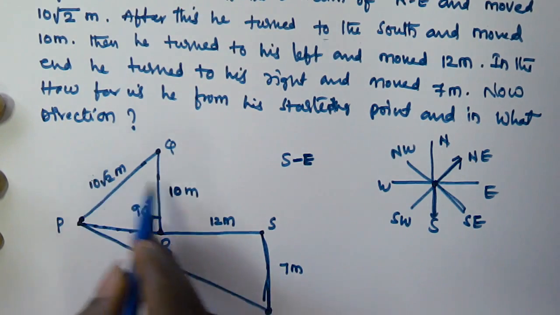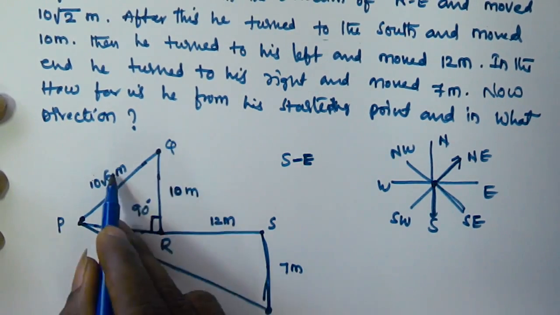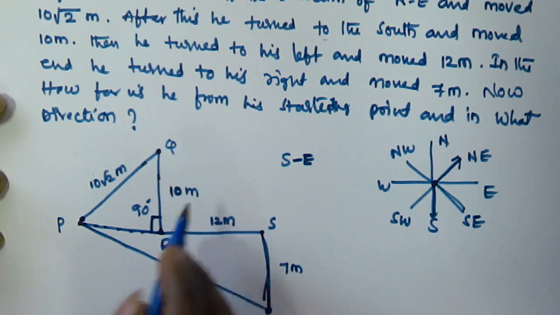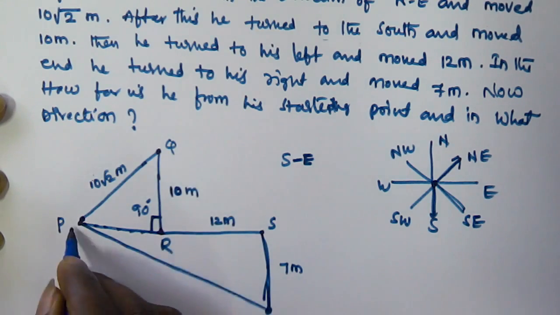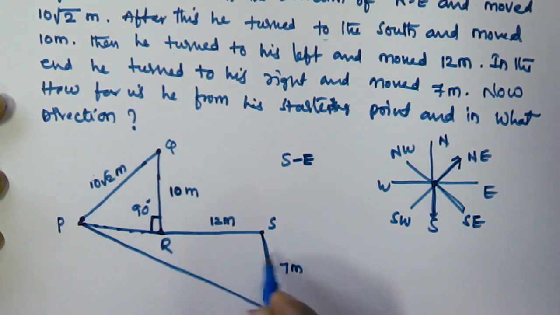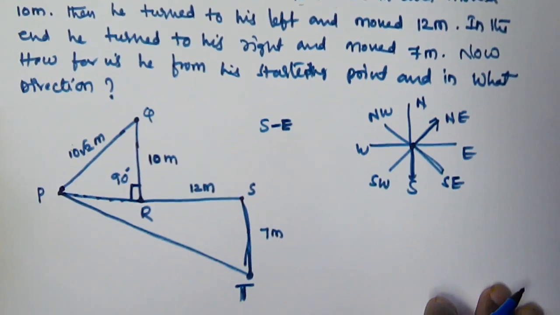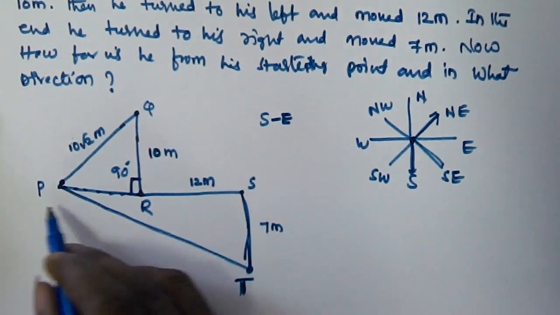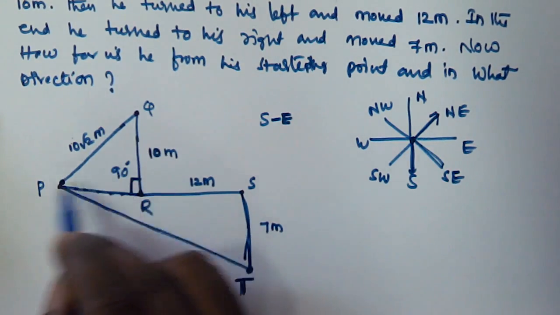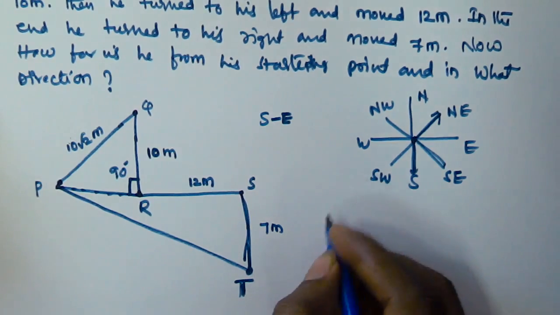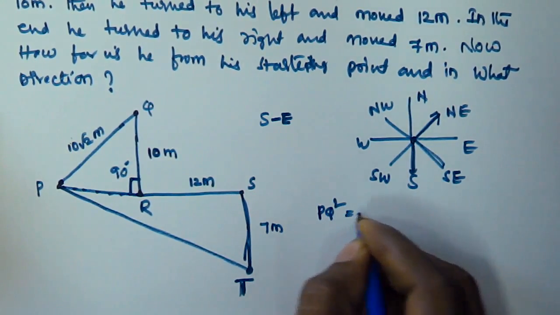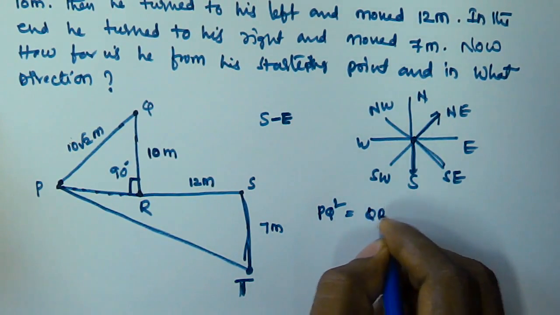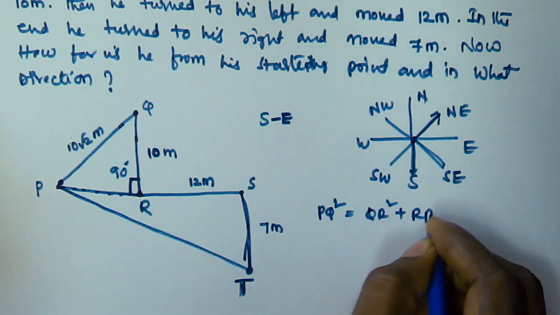We have the lengths of the diagonal and one side, and we have to find PR. Using the Pythagoras theorem, from this PQR triangle we have PQ square is equal to QR square plus RP square.